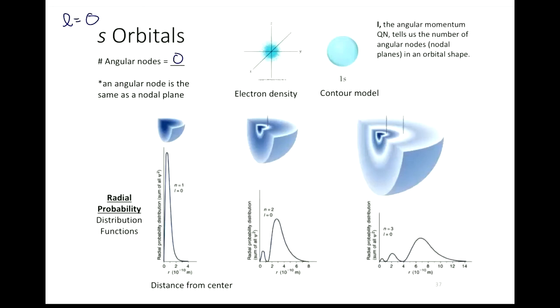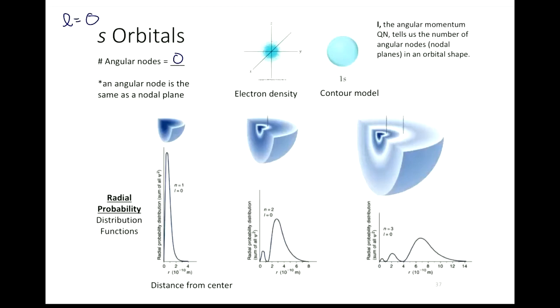That's why it's this spherical shape. So when we solve the Schrodinger equation, we get L equals 0, 0 angular nodes. Basically what that equation is trying to tell you is that you can find the electron in this spherical density around the nucleus.